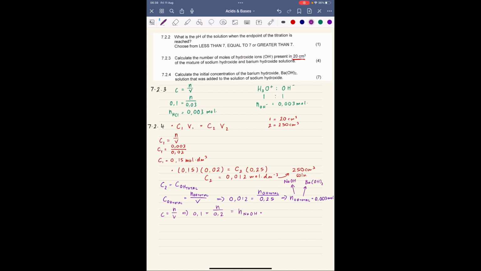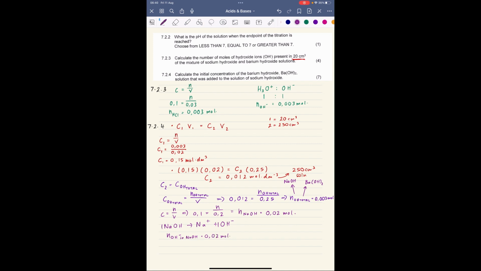I get 0.02 moles. Remember that it's also a base, so it can dissociate into Na plus and OH minus. And I can see the ratio from this to this is 1. So the moles of OH in NaOH is also equal to 0.02 moles.